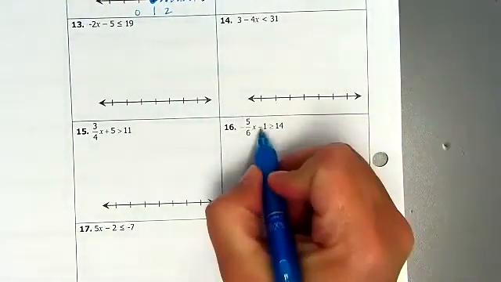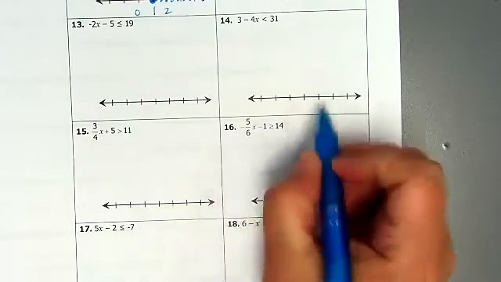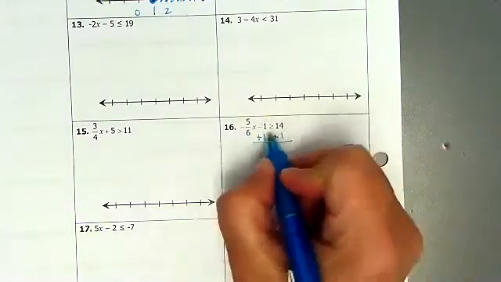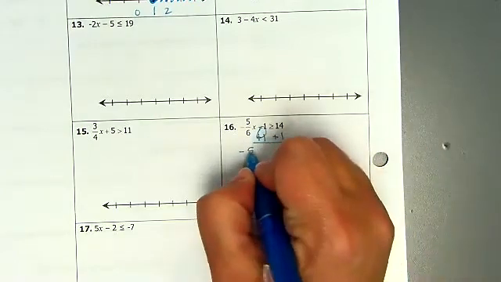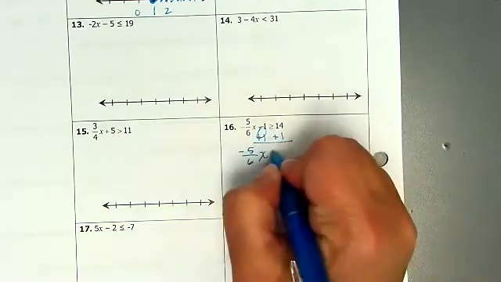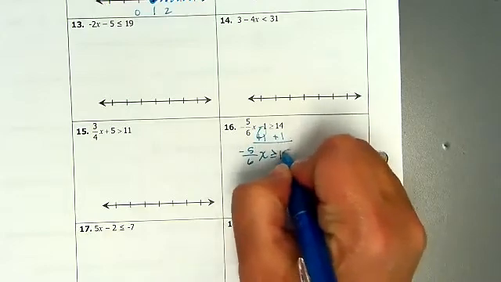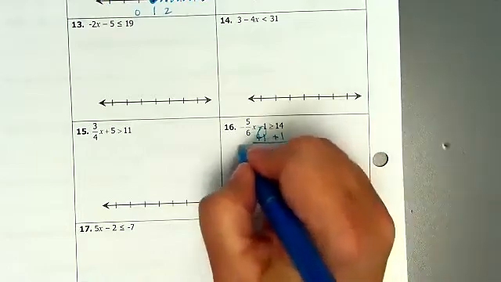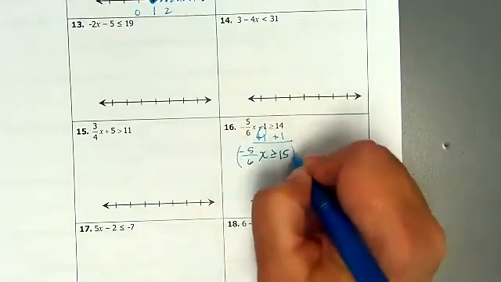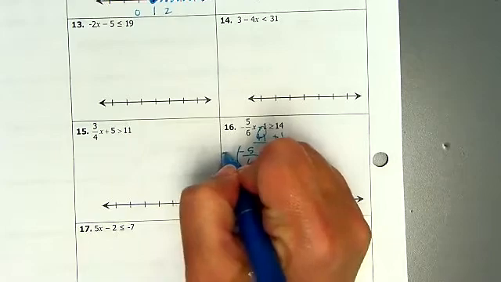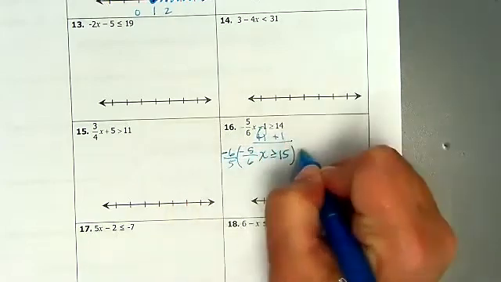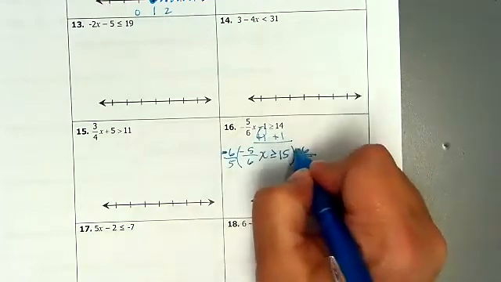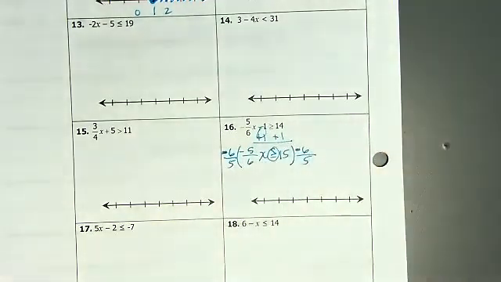Next example, 16. I'm subtracting 1 from the variable term, so I'm going to add 1 to both sides. This zeroes out, and I have -5/6 x is greater than or equal to 15. Now, I'm multiplying by -5/6. That's a fraction, so I multiply by its reciprocal, which is -6/5. I'm multiplying by a negative number on both sides, so I flip the inequality symbol.